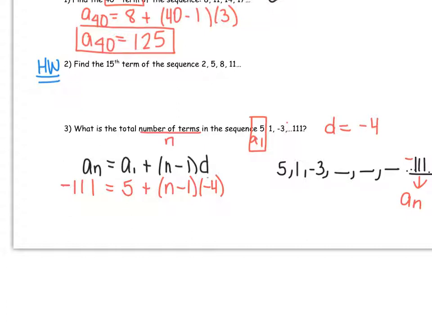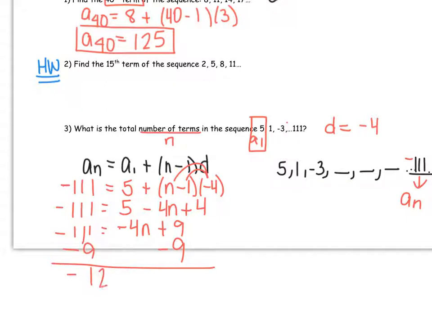And we can solve. We'll start by distributing the -4n plus 4. And we'll combine like terms. So -4n plus 9 equals -111. And subtract 9 from both sides. -120 is equal to -4n.